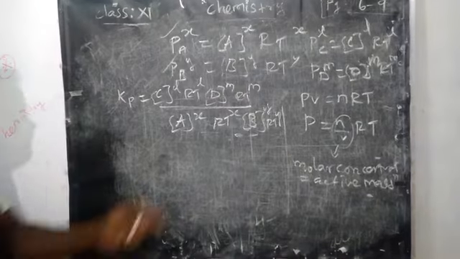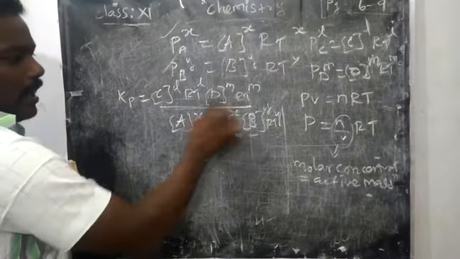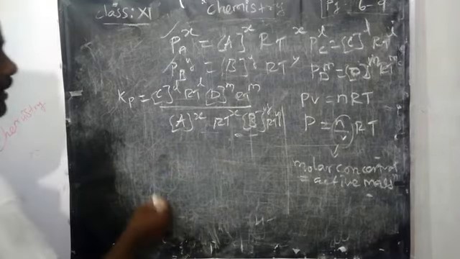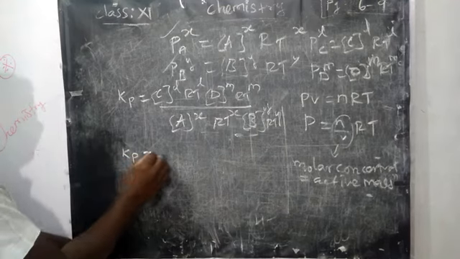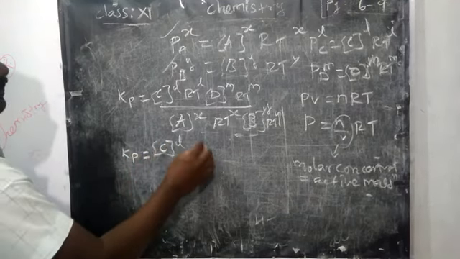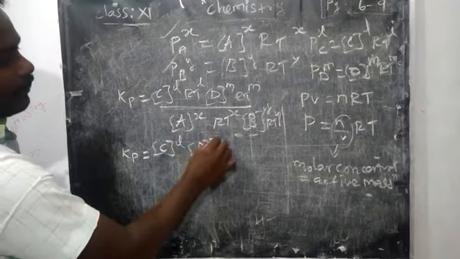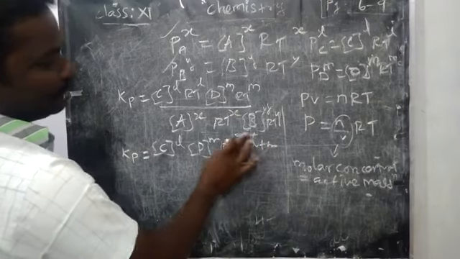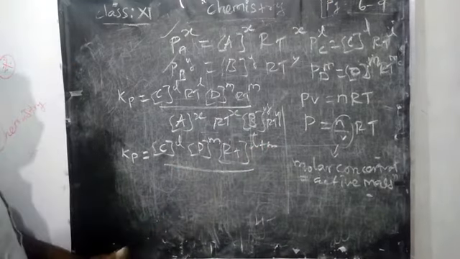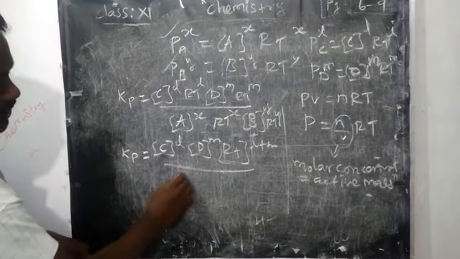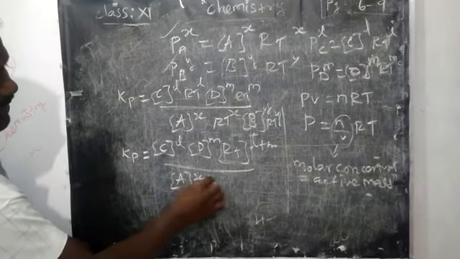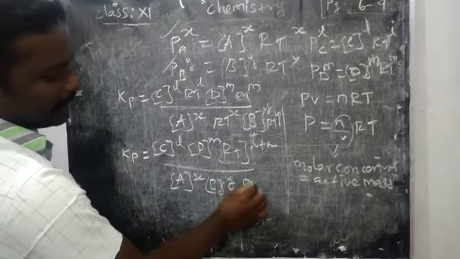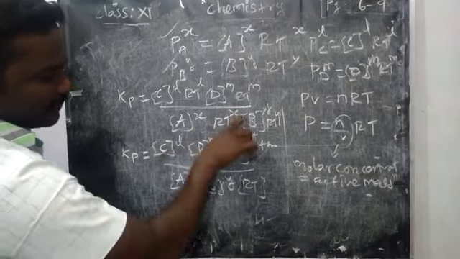Now, how do you simplify this equation? RT is the same term, so the powers we can add up, the same way in the denominator. So Kp is equal to C power l, D power m, both with RT power l plus m. The same way you can simplify in the denominator: A power x, B power y with RT power x plus y.